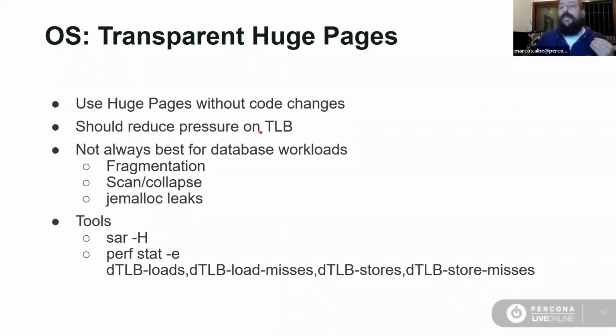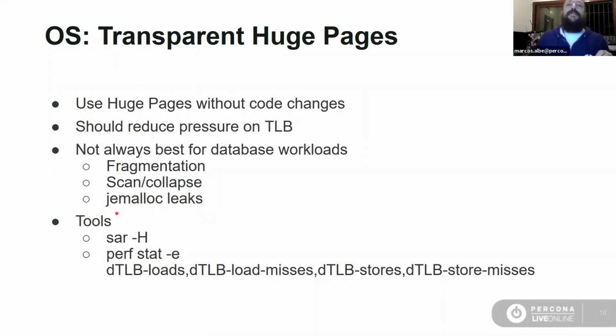And so what transparent huge pages try to do is map more memory into a smaller number of pages so they will fit the translation look-aside buffer. But it has proven to not be very useful for many database workloads because it becomes fragmented, and then scanning over the virtual memory happens, and also the fragmented pages have to be collapsed, and also jemalloc, because of the way it works, ends up leaking.